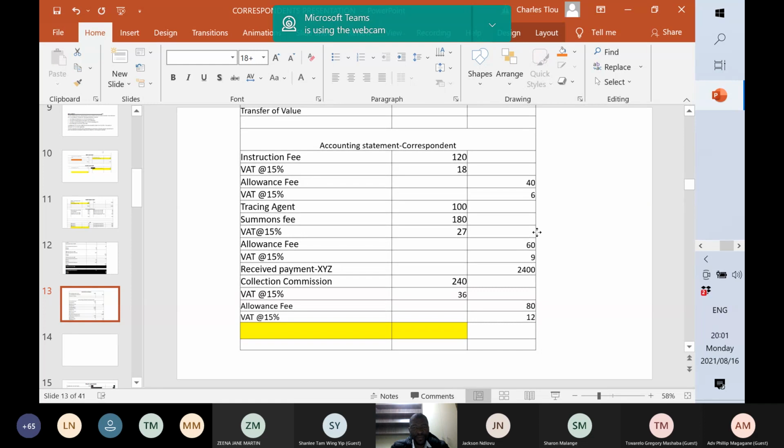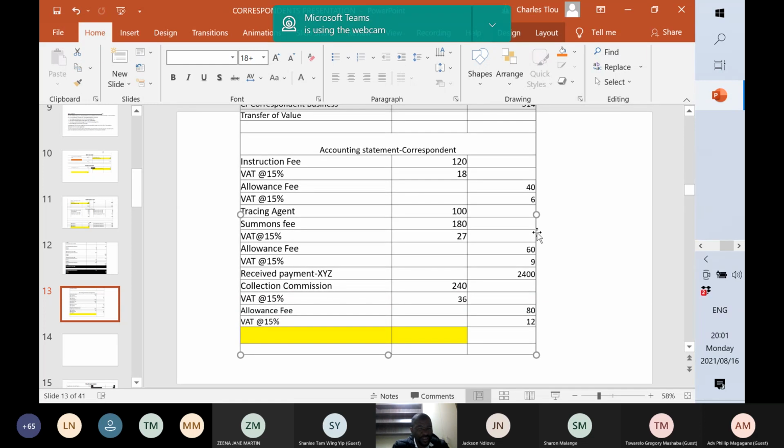That tells you that we have recorded all those transactions as per the question. Now let's add together the credit side. 40 rands plus 6 rands plus 60 rands plus 9 rands plus 2,400 rands plus 80 rands plus 12, friends.